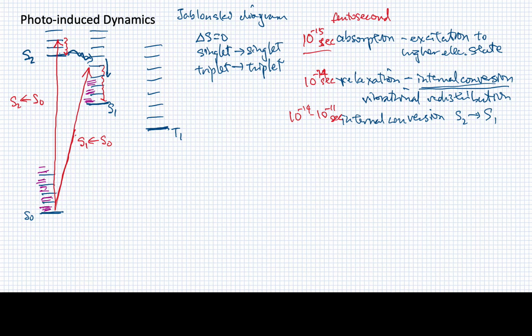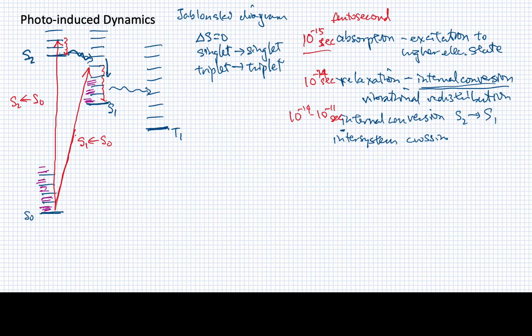All right, while it's relaxing within these excited singlet states, it's undergoing collisions and other things are happening, and it's not out of the question that it could undergo a crossing over here to the triplet state. All right, this is a process called intersystem crossing.